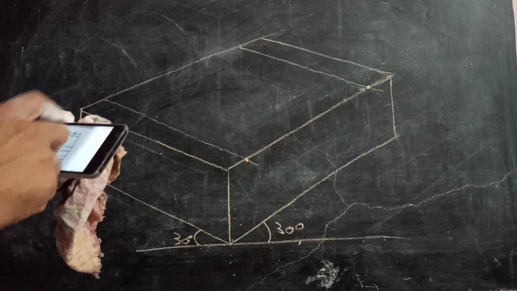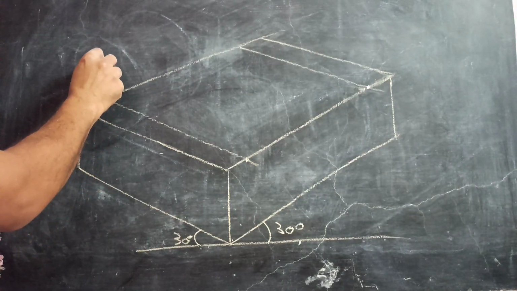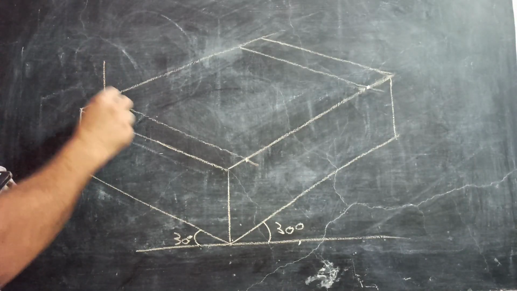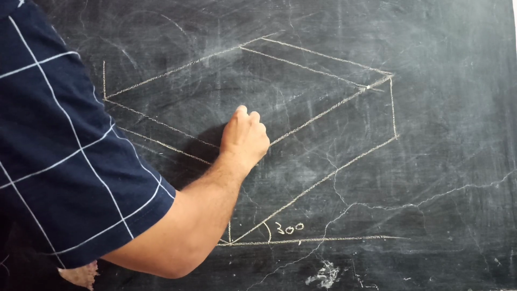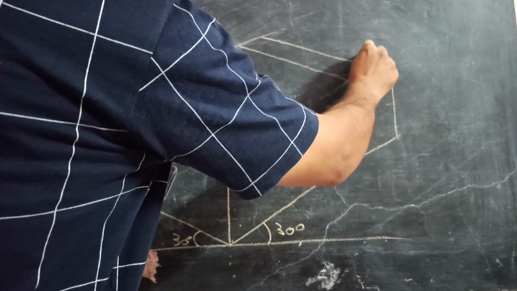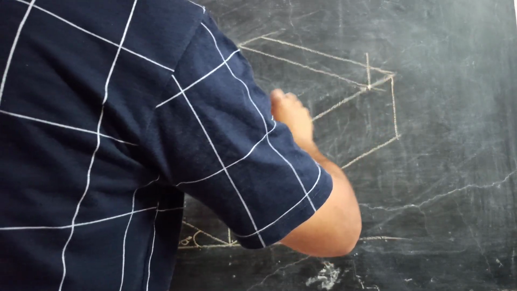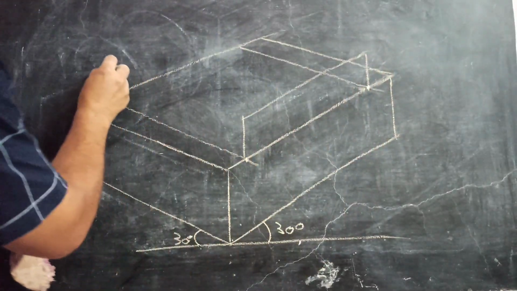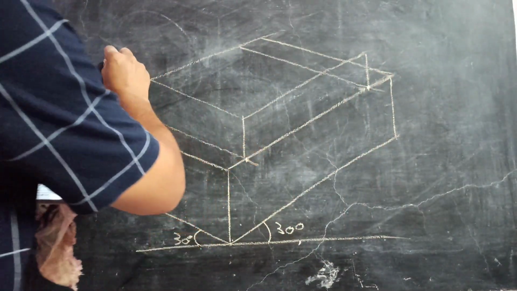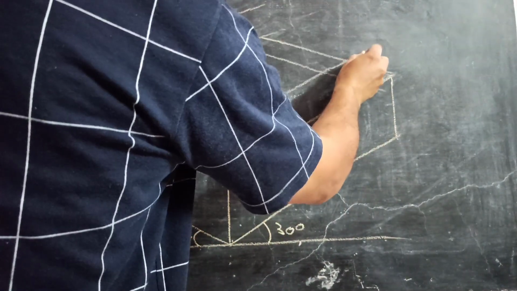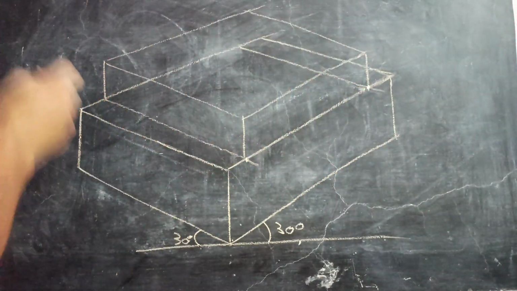Then this is having height of 8. Every corner is to be moved by 8. So this is having the height by 8.